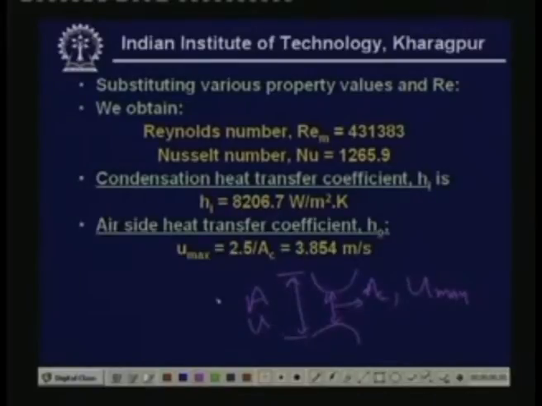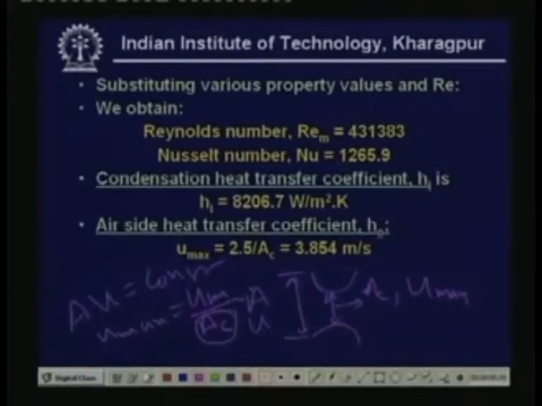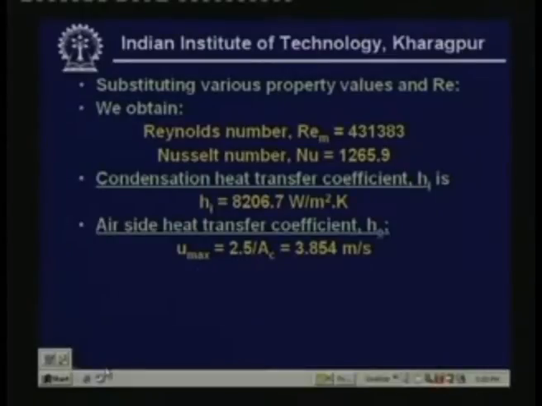From mass balance we know that AU is constant. So u max is the face velocity divided by AC, because we are writing AC per meter square face area. That is why the face area term does not come here, because we are doing all the calculation per meter square face area.